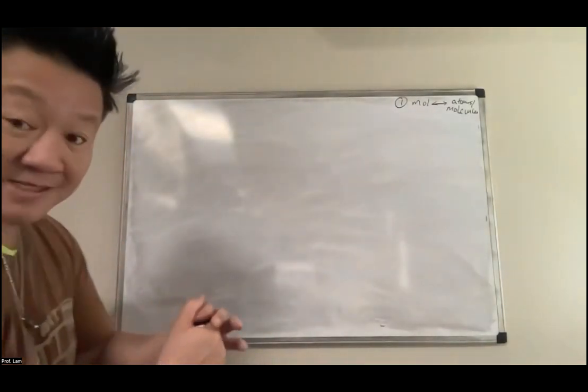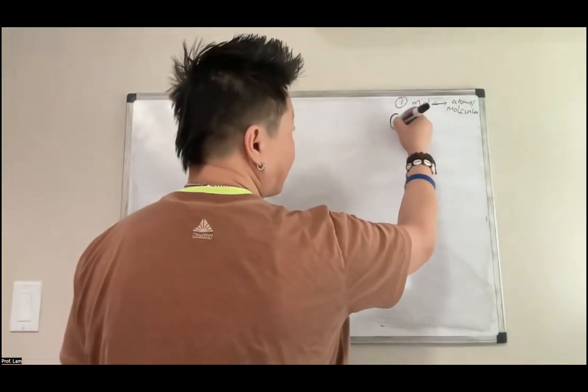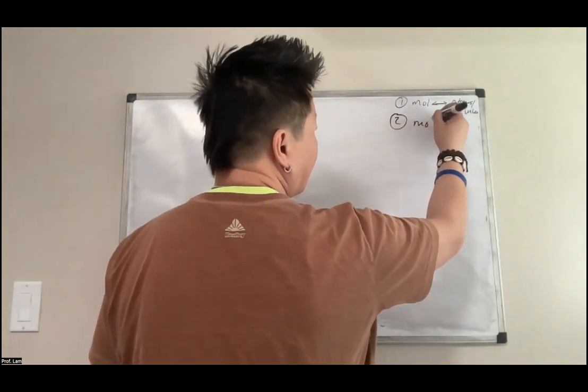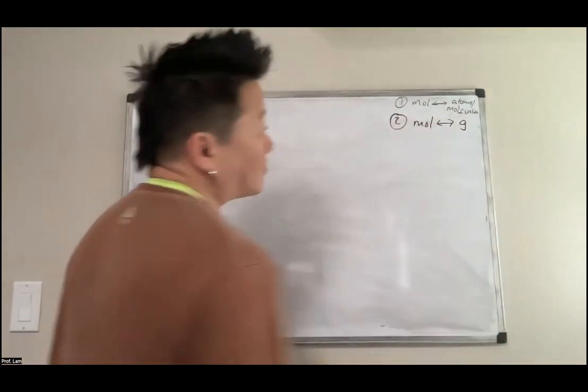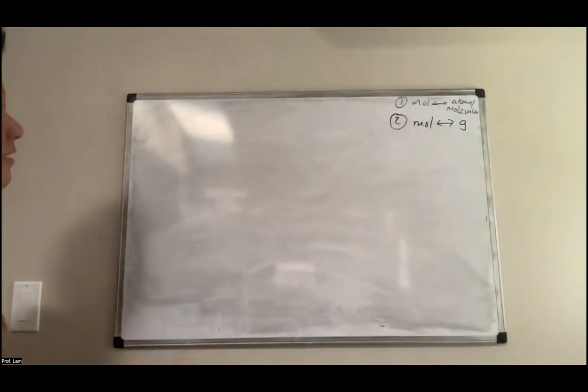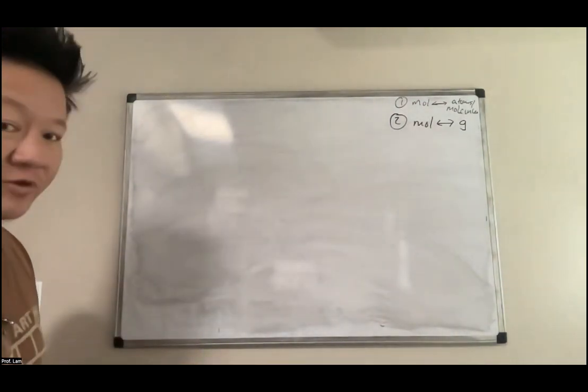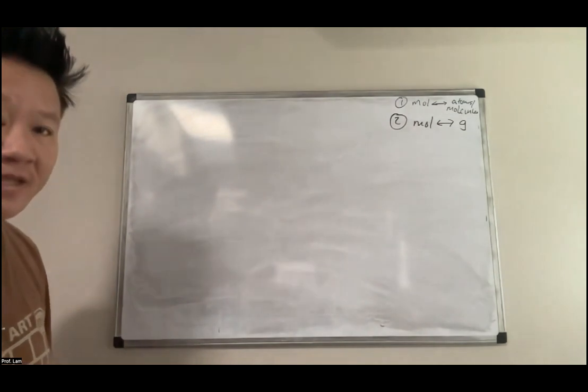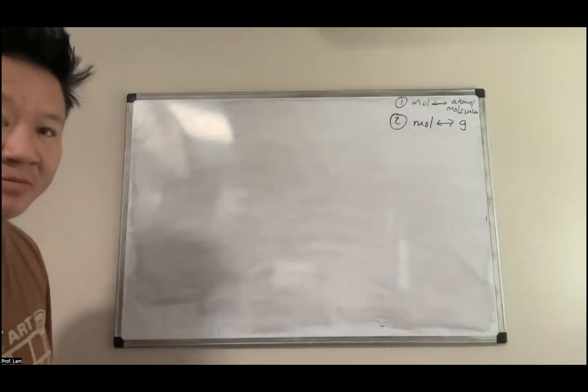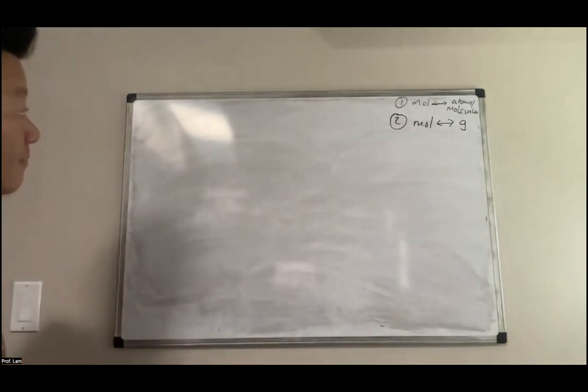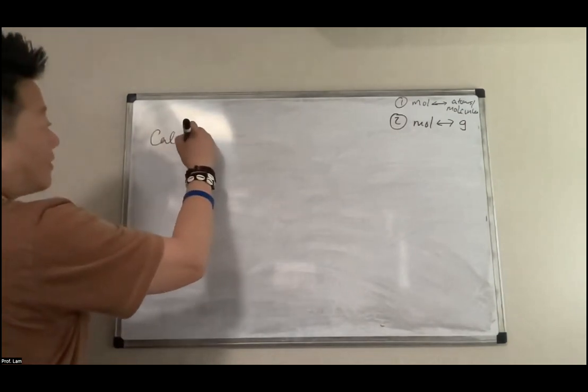All right, so this is our second conversion factor now, going between mole and grams, using molar mass. So what if we were asked, and I'm going to do this example problem 2.7 on the slide there.